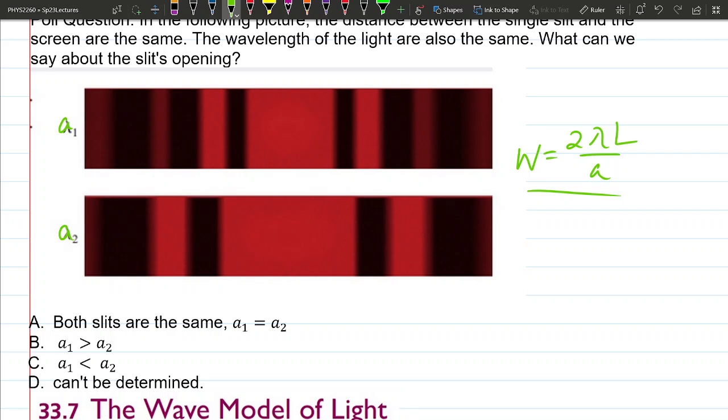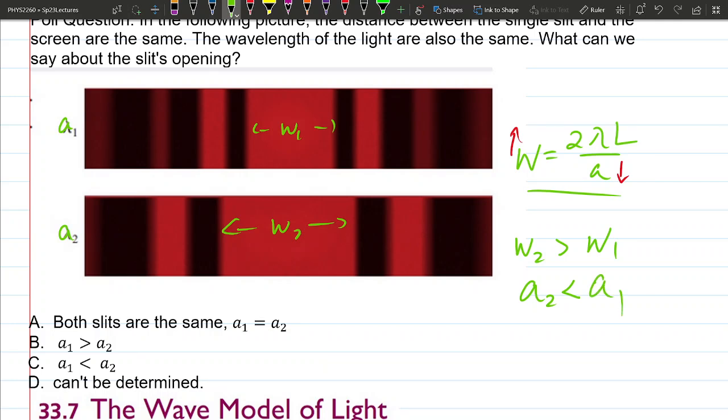If the width is increasing, the A has to be smaller, because they're inversely proportional to each other. Everybody, this is too easy now, right? Therefore, we know that W2, which is actually close to my email address, W2 is bigger than W1, so since they're inversely proportional to each other, A2 has to be smaller than A1.